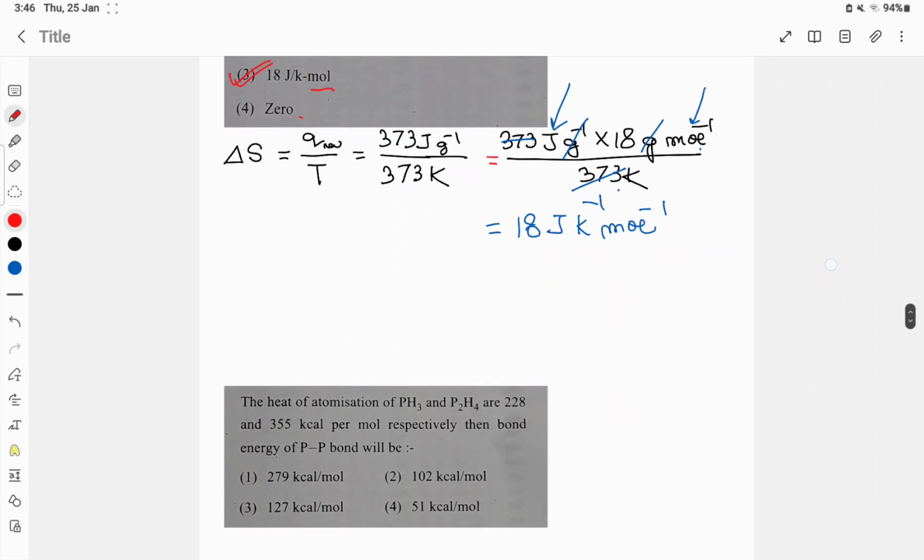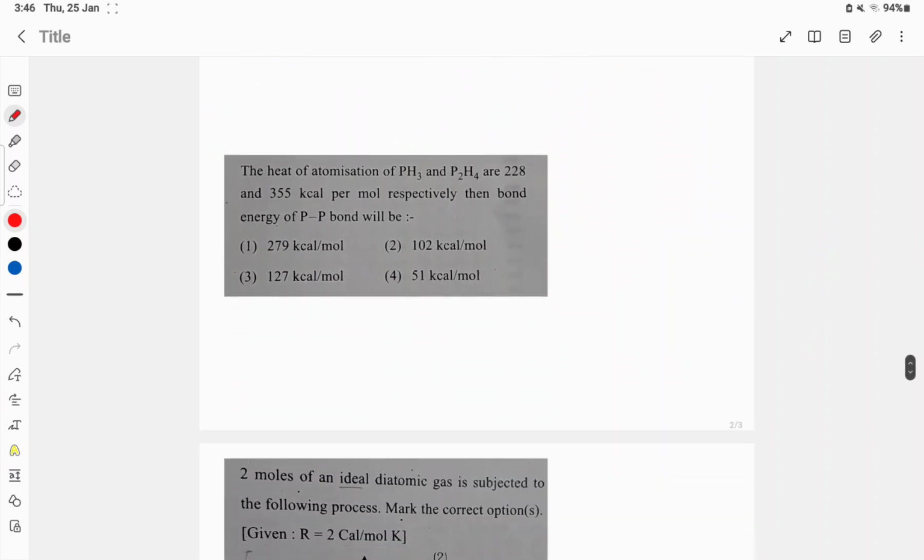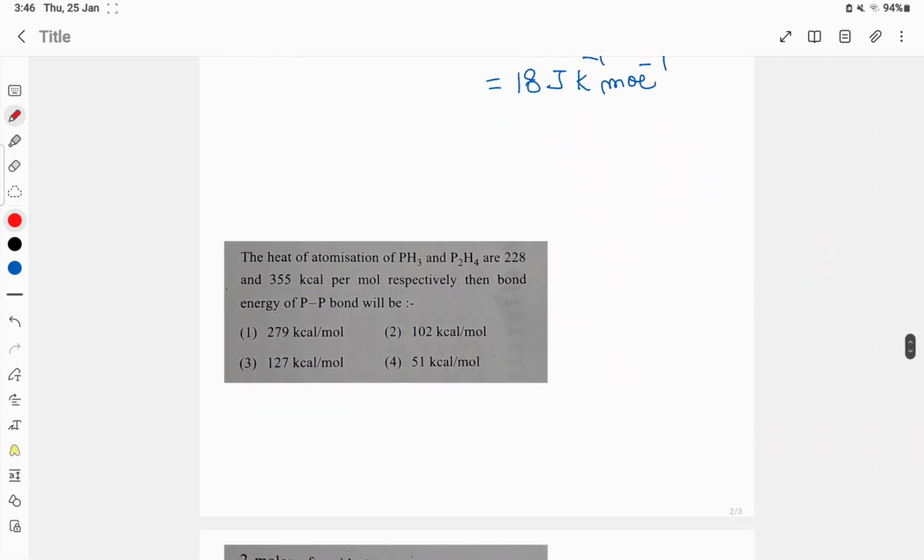Okay, students, let's move on to the fourth question, question number 4. The heat of atomization of PH3 and P2H4 are 228 and 355 kilocalories per mole. Then the bond energy of the P-P bond will be?